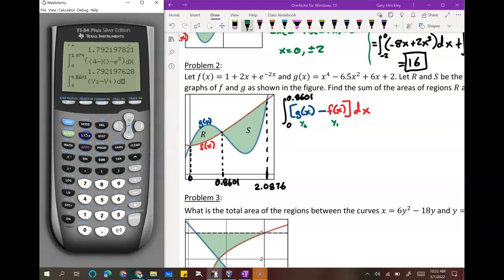And then I can integrate. And there's my first area. I'll show you again how that's done, at least on the TIs. On the Casios, it's done in a slightly different way.